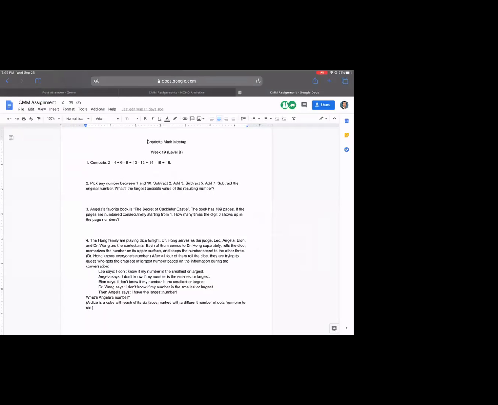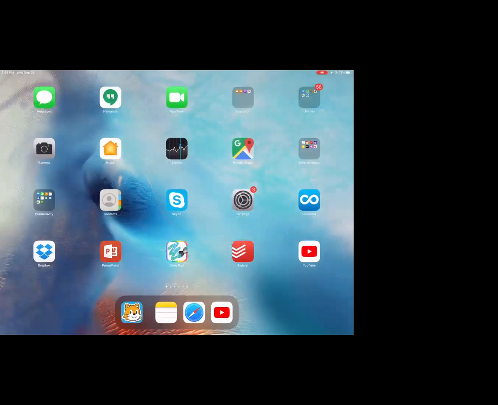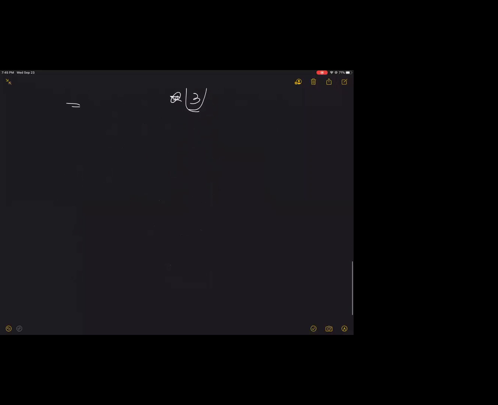So how I did this problem is, you have to get to 100, but you have to count a lot. All the 10s have a 0 in it, and it's asking how many zeros are in the page numbers.